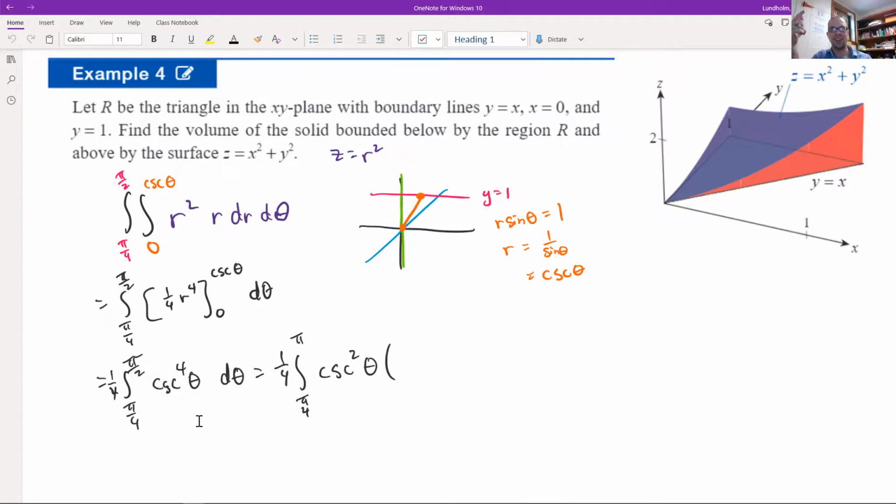Cosecant and cotangent, I forget which way they go. I know sine squared plus cosine squared is equal to 1, but 4:30 on a Friday, my brain's leaking.